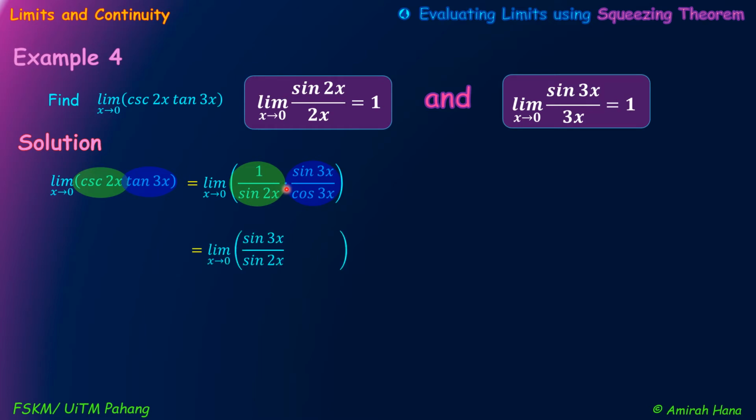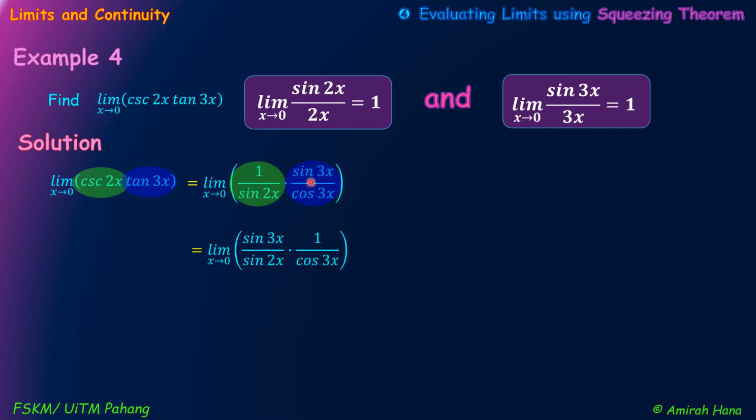Now, our goal is to use the squeezing theorem, which is given in terms of sine. In this case, we need to combine all terms containing sine in the same fraction.